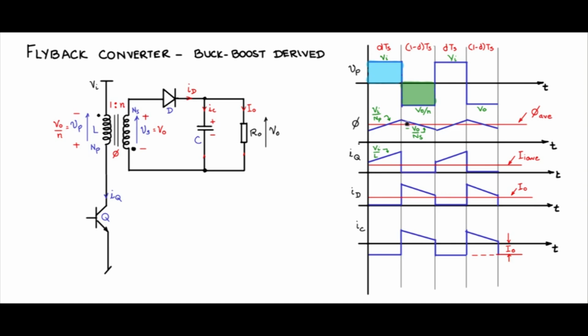Observe the flux: minus V naught by Ns, because the non-dot end is positive, so it is going to be a downswing of current and also of flux. So the current will have a rate of minus V naught by N square L. L is on the primary side, on the secondary side it will be N square L, and that will be the slope of the current there.